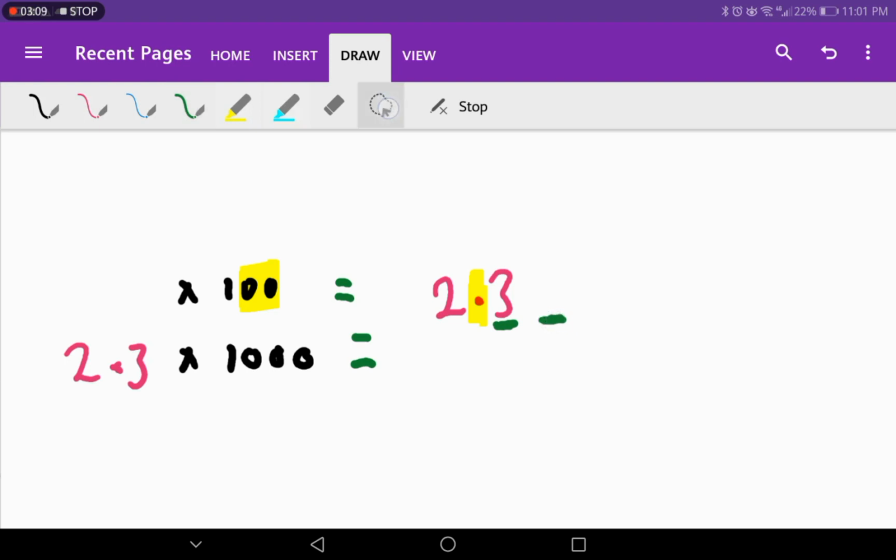Okay, let us move the decimal point from here to here. Okay, now I have empty place. I fill it with 0. So the answer 230 and 0 for decoration, or you can remove it. Okay, so the answer is 230. Are you happy? I hope so.